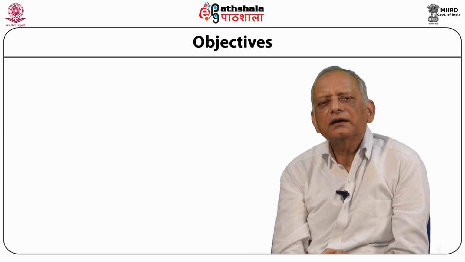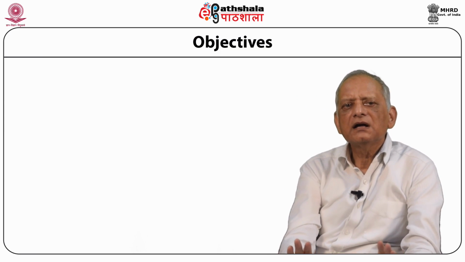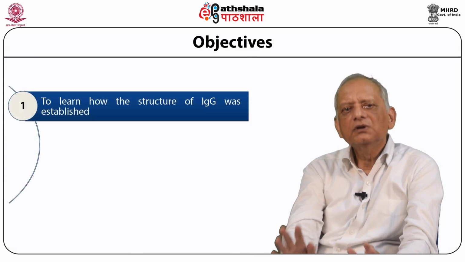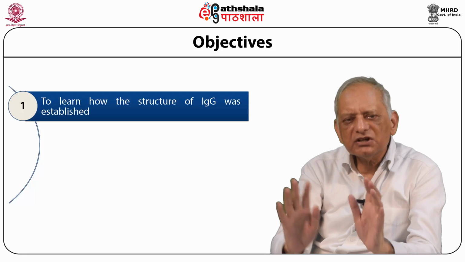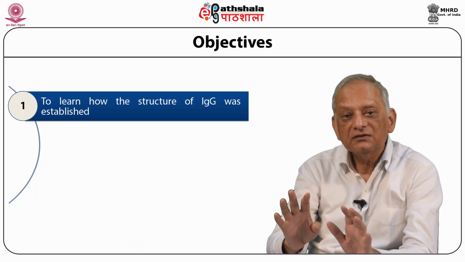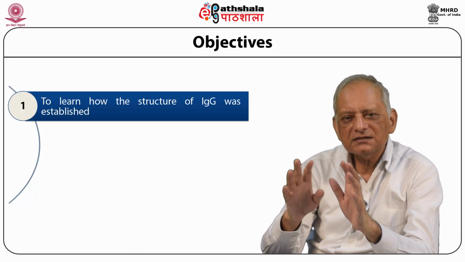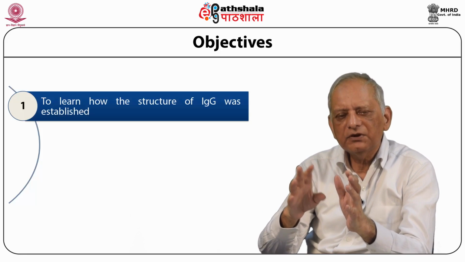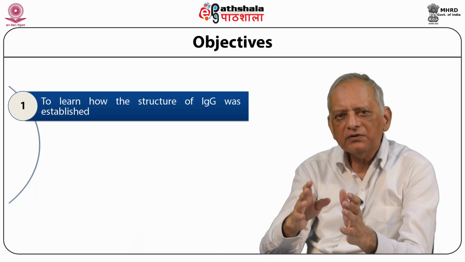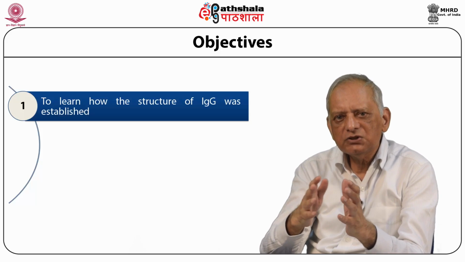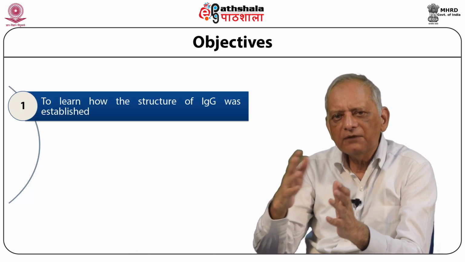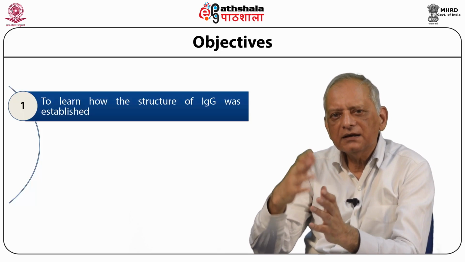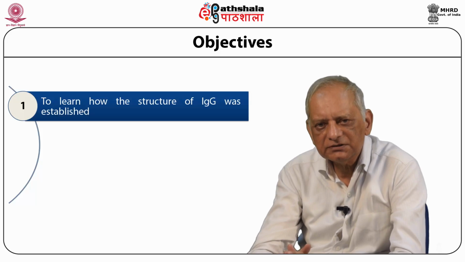So, in today's module, our objectives are to learn how the structure of IgG was actually established, and we will primarily be focusing upon the primary sequence of IgG, but we will also refer to the other higher forms of the structure.